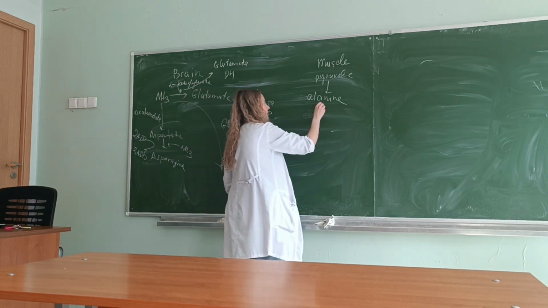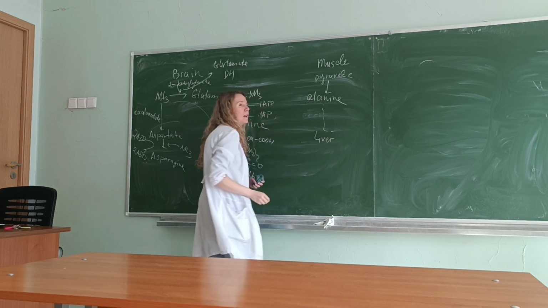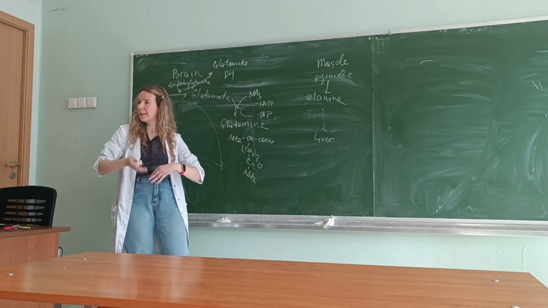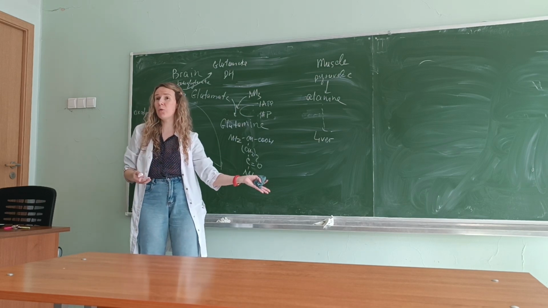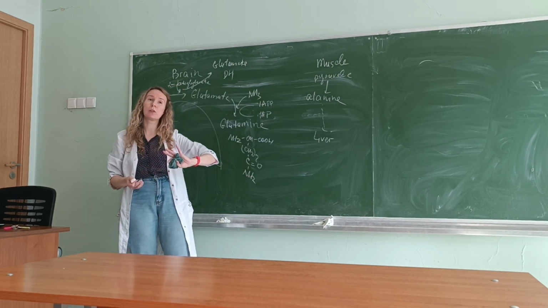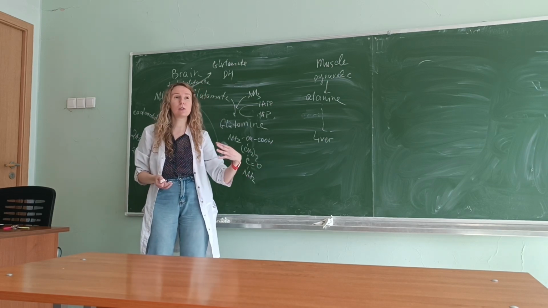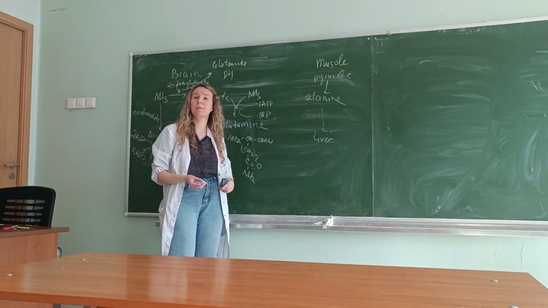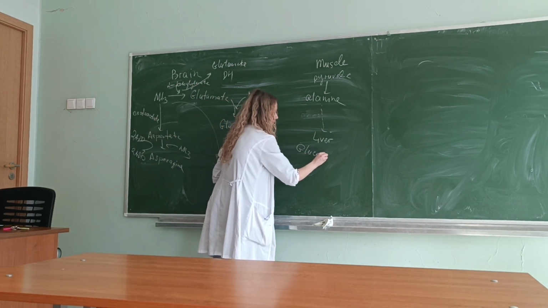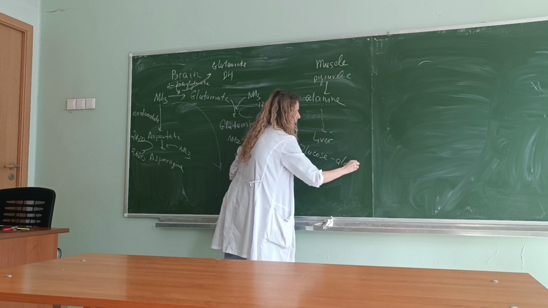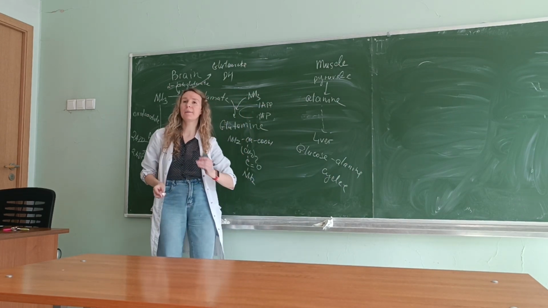After it, we transfer alanine into the liver. The liver will convert it again into pyruvate. Pyruvate can be transferred in free form, but usually the liver will use pyruvate for glucose formation. That's why in muscles we have a specific cycle. It's called the glucose alanine cycle. One more time.